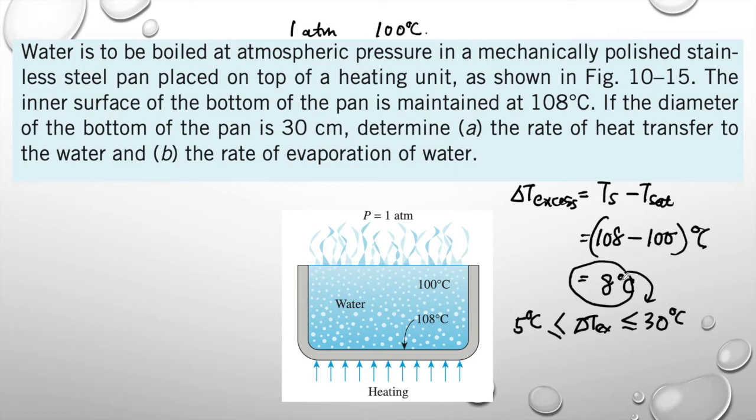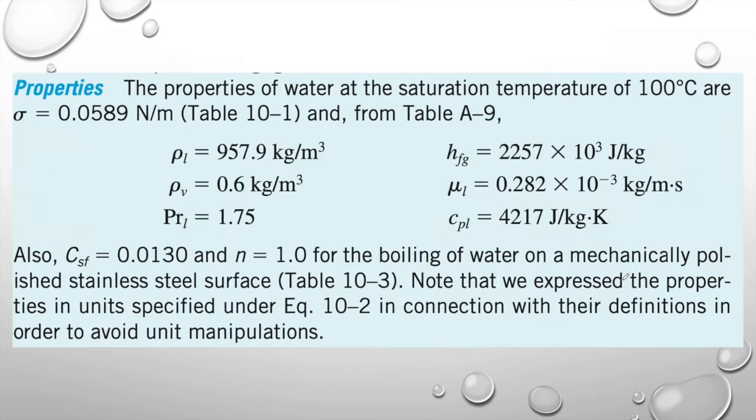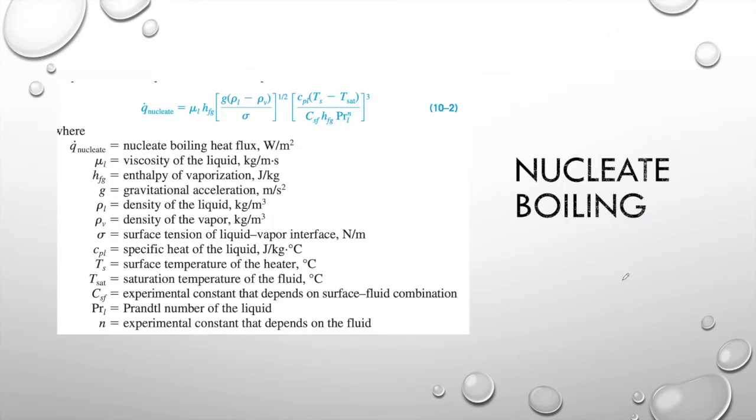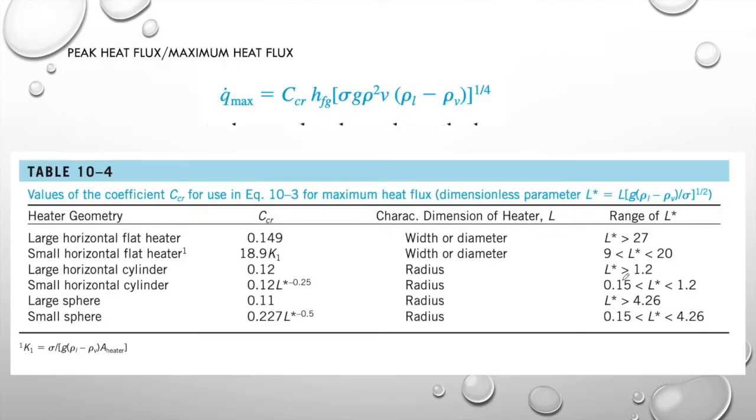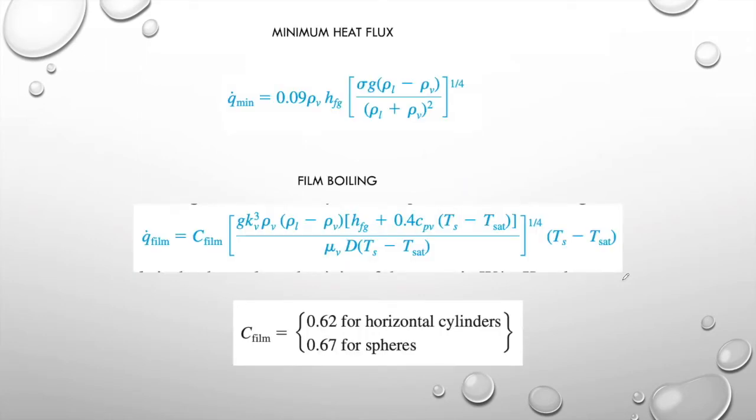After we know that this question falls under nucleate boiling, we refer directly to the equations of nucleate boiling. We have the nucleate boiling equation, peak heat flux or maximum heat flux, minimum heat flux, and the last one is film boiling.